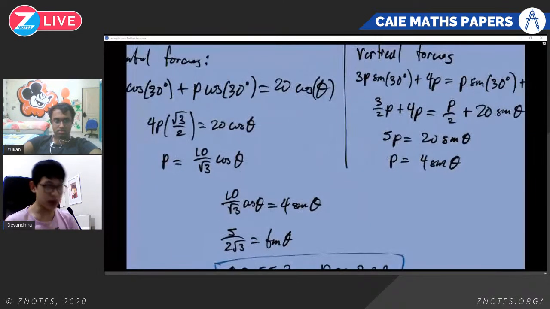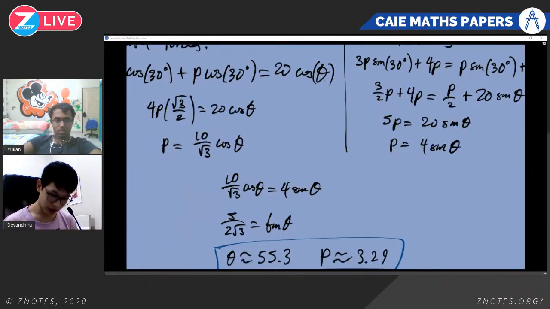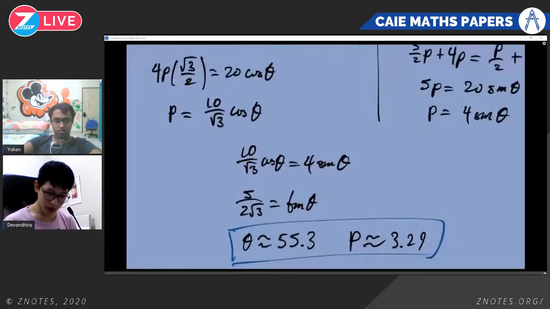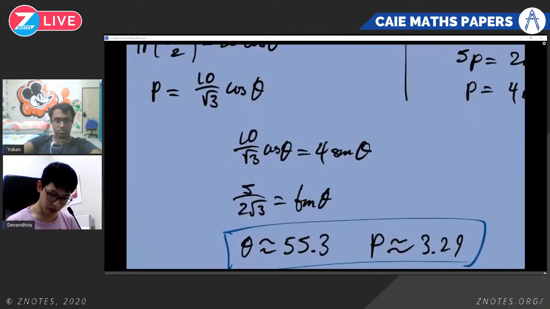Now that we have two expressions for p, we know they have to be the same. That means we should equate them together. These are both my p's. I equate them together, right? From here we can solve for theta. We can divide both sides by cos theta, and it will give us tangent.